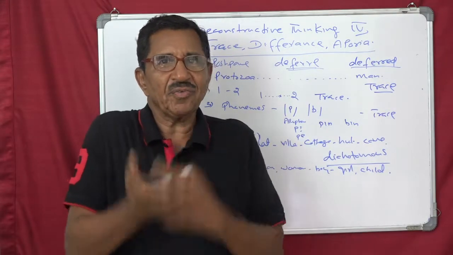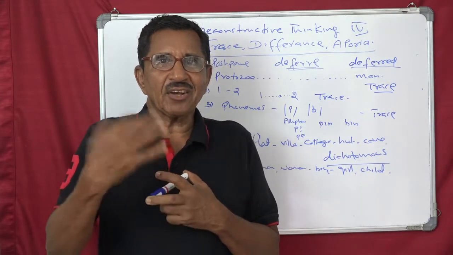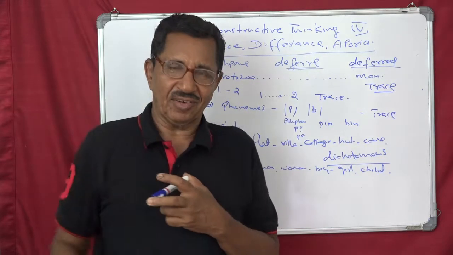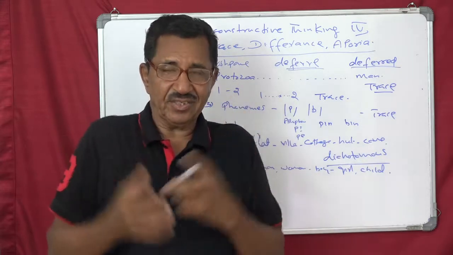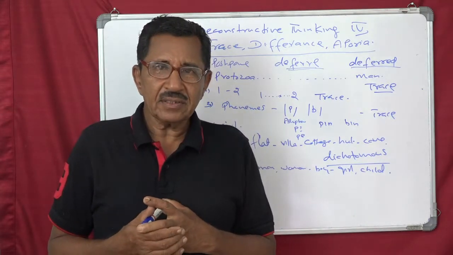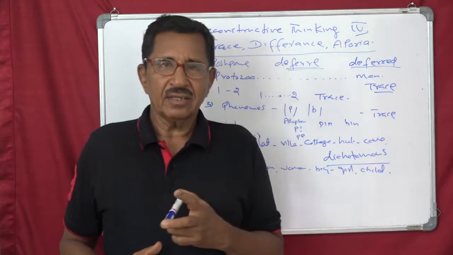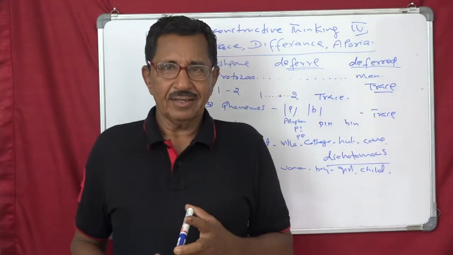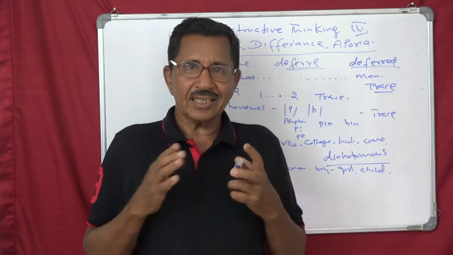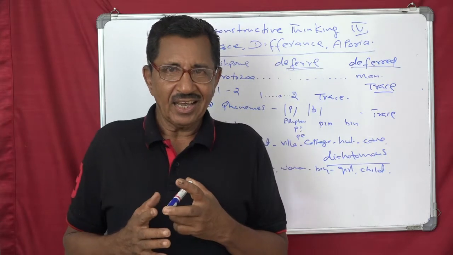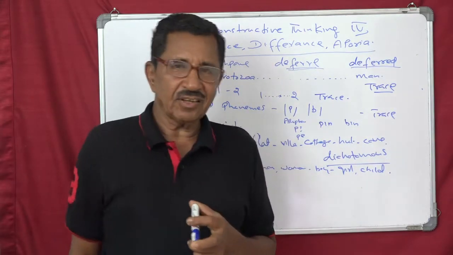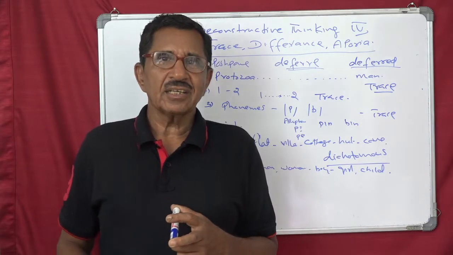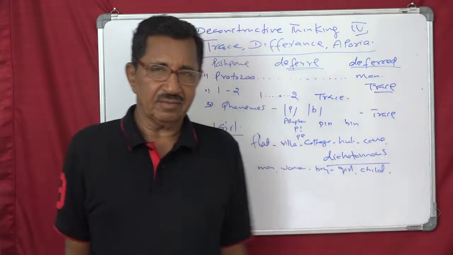language is used for what? For trying to understand the created world, the evolved world. So it's only natural that every linguistic sign, every signifier, can never be absolute.